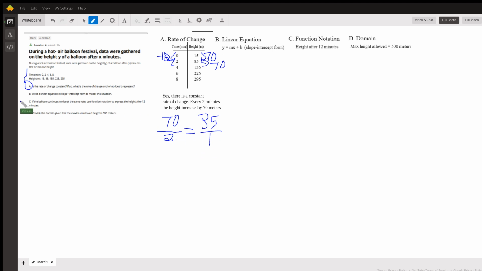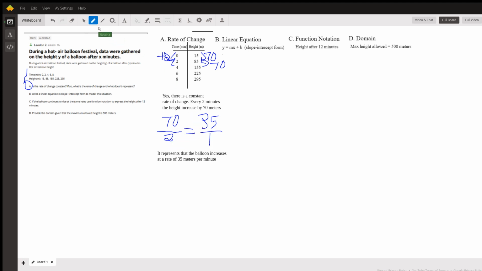Okay. So what is the rate of change and what does it represent? It represents that the balloon increases at a rate of 35 meters per minute. Again, always put your y value change on the numerator and your x value change on the denominator.